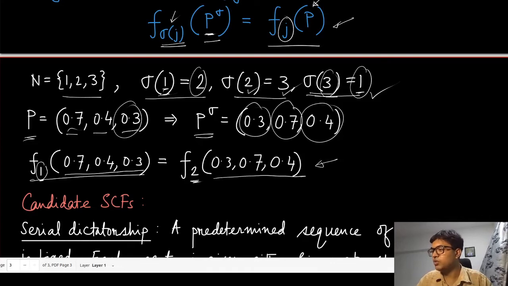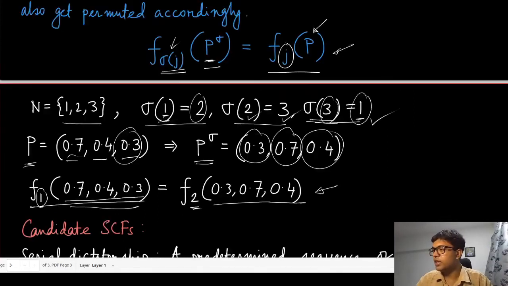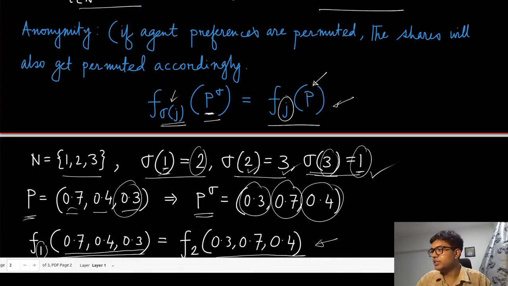We can write down this for all these agents. So F2 of the original preference profile will be F3 of the permuted profile, F3 of the original profile would be equal to F1 of the permuted profile. So we can write it accordingly. So this equality should hold for all j in N.